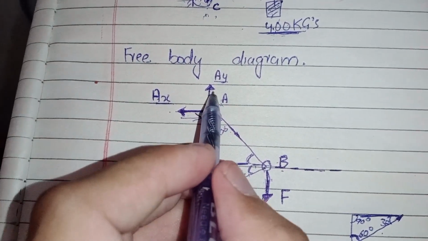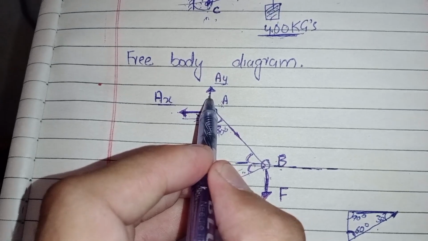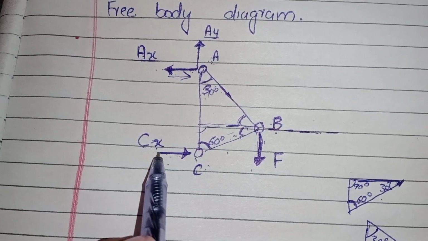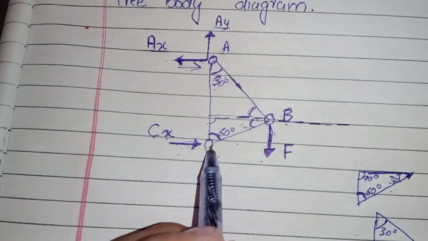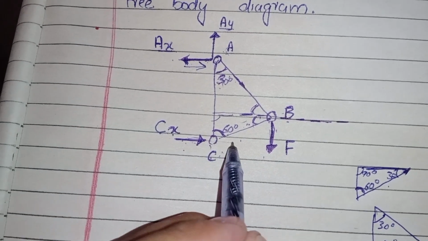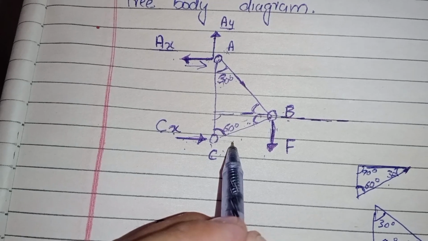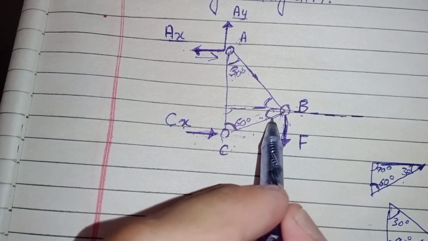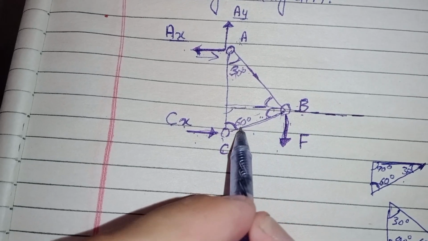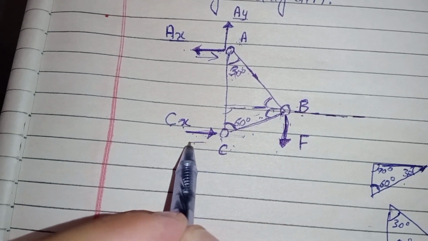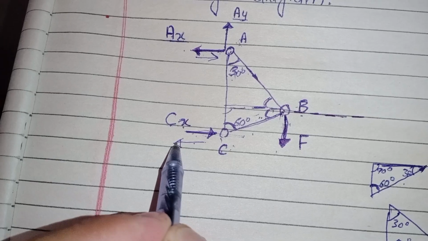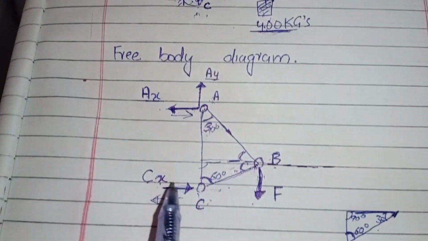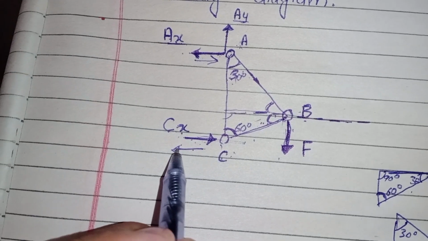Like that it also works like AX, and I directed the force toward the left because when you pull this force, it will compress this member, and the force will act toward this side, and the reaction of the roller support will resist this force.